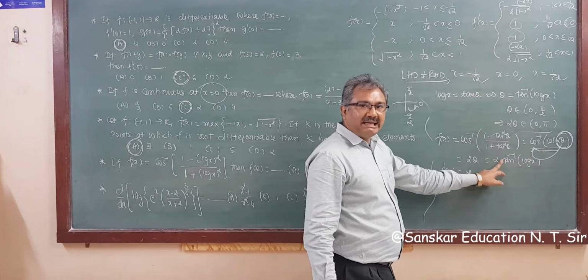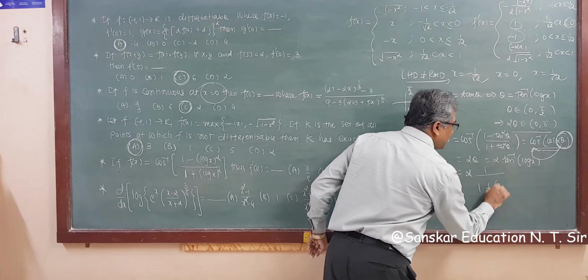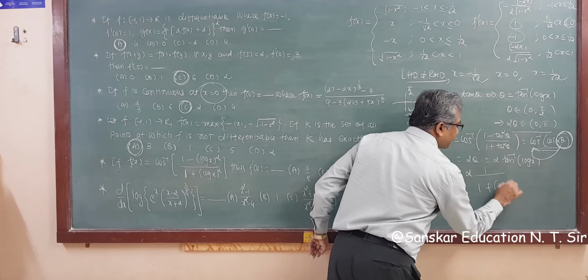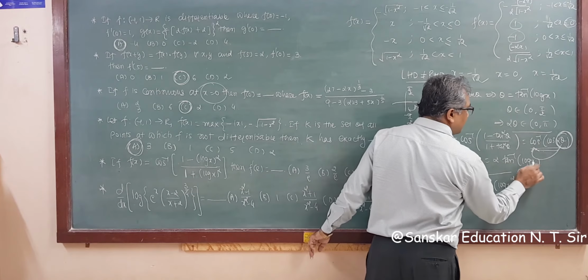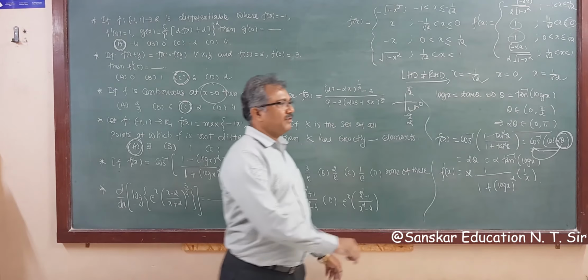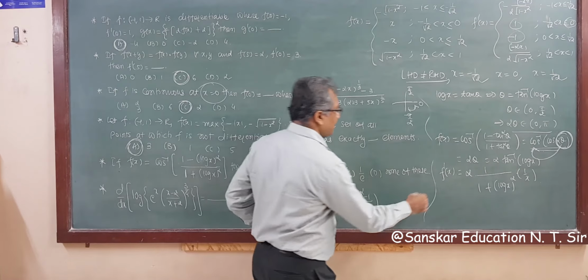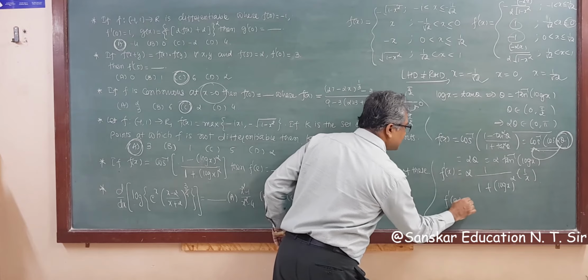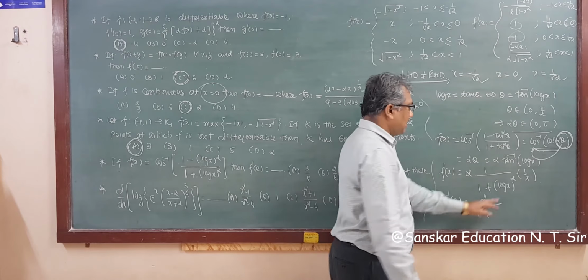Derivative of tan inverse bracket is 1 upon 1 plus bracket square into d/dx of bracket, that is d/dx of log x, which is 1 upon x. So f dash e is equal to 2 upon 1 plus log e.